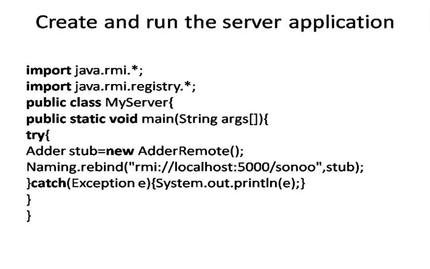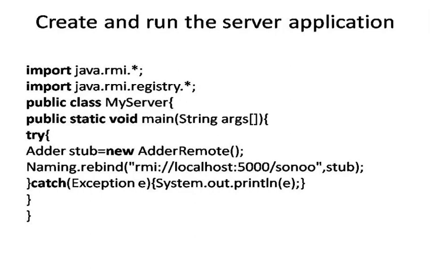So we have created a stub object there. Now just bind it with a particular URL. In this URL the stub is stored, and once it is stored there, any client can come and access this.